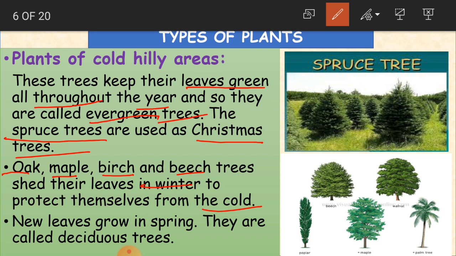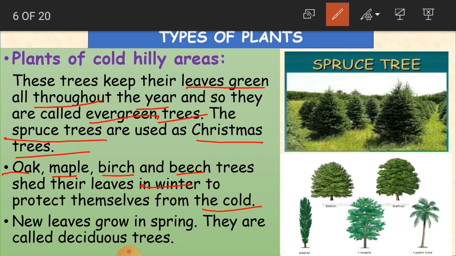Whereas evergreen trees remain green, these trees are going to shed their leaves in winter to protect themselves from the cold, because it is already a cold area, and in winter the coolness will be very high. So to protect themselves from that cold, they shed their leaves.